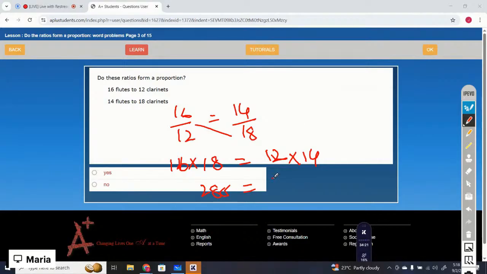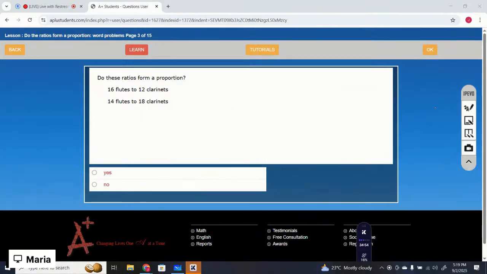So they do not form a proportion. The correct option is they do not form a proportion.